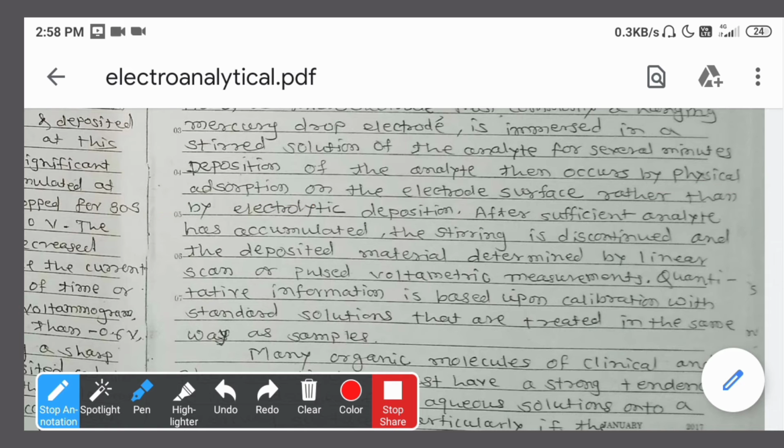Once the adsorption of the analyte has occurred, a sufficient amount of material gets deposited onto the electrode surface, which is determined by linear scan or pulse voltammetric measurements. A similar technique is used, but instead of electrolytic deposition, we use the adsorptive deposition method.